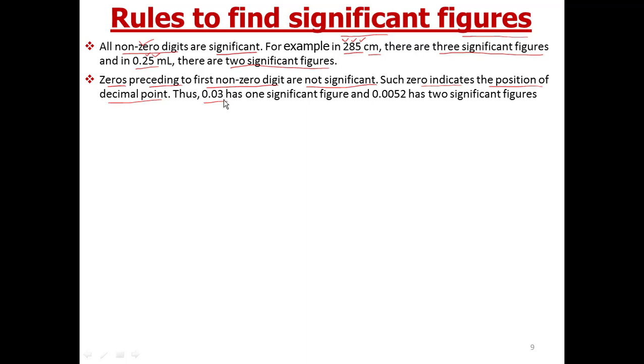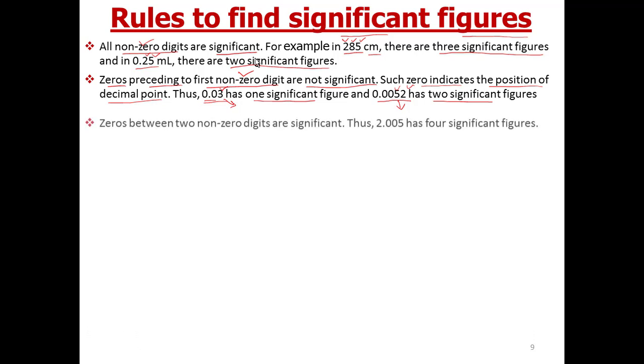The first non-zero digit is 3, so all the zeros before 3 are non-significant. So it has only one significant figure, which is 3. Similarly 0.0052: the first non-zero digit is 5, so all the zeros before it are non-significant. It has only 5 and 2, so only 2 significant figures.